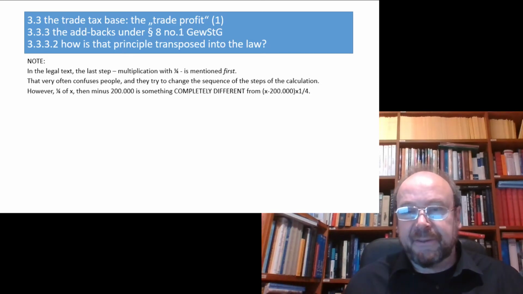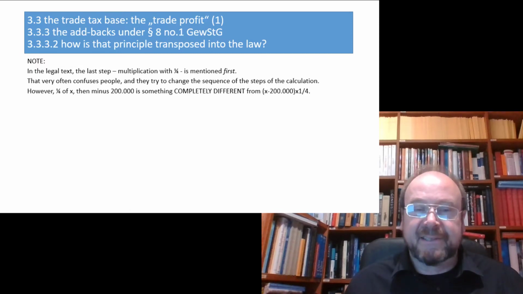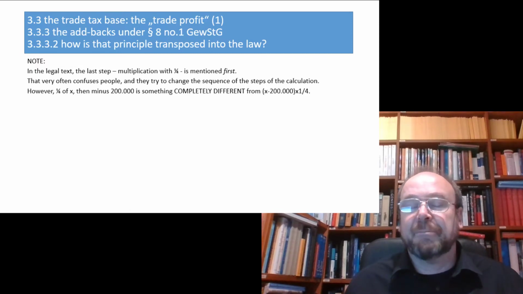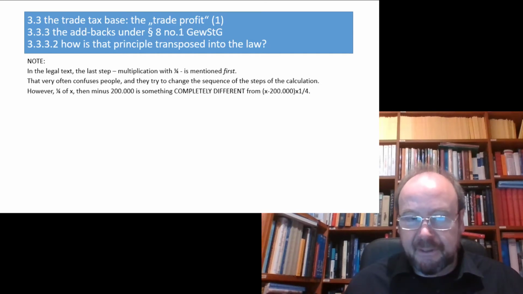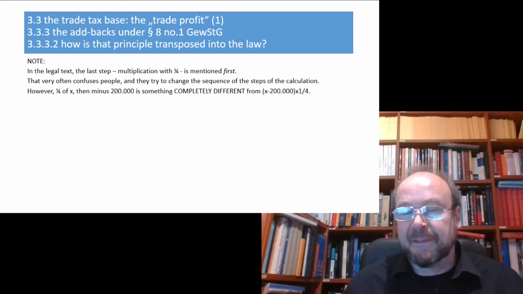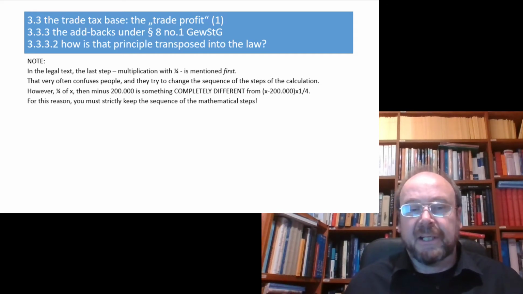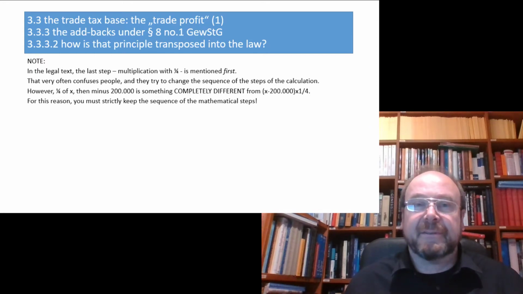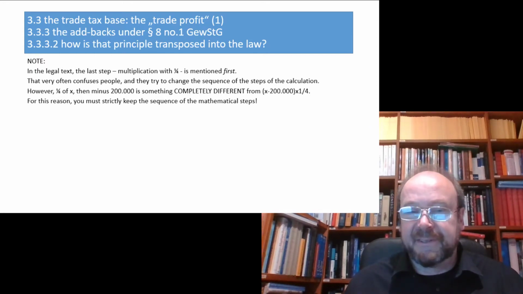Now that's the straight road to hell, because 1/4 of x minus 200,000 is completely different from x minus 200,000 and the rest times 1/4. And for this reason, you must strictly stick to the prescribed sequence of the steps.